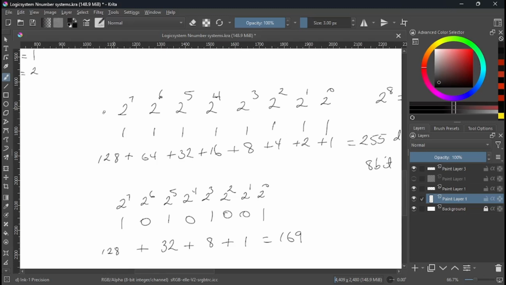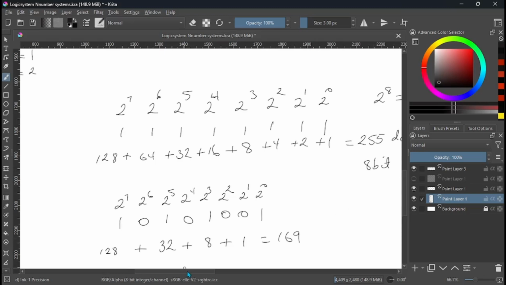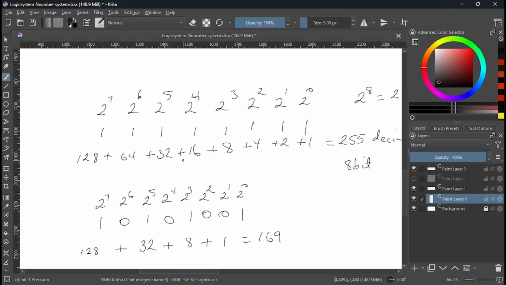Then we just use indices. 2 by 2 by 2, 7 times, is 128. 2 to the 6 is 64, 2 to the 5 is 32, 2 to the 4 is 16, 2 cubed is 8, 2 squared is 4, 2 to the 1 is 2, and 2 to the 0 is 1. If we add up all these terms, remember it's 128 multiplied by 1, which gives us 128.